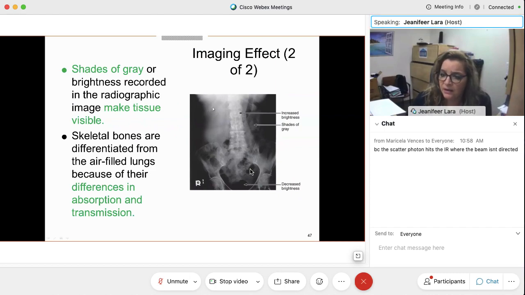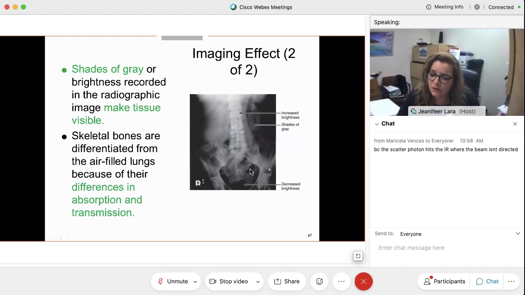What we're seeing is how these various energy levels, various frequencies and wavelengths of our X-rays, are interacting with soft tissue. I picked the abdomen because the abdomen is a collage of tissue and bone.